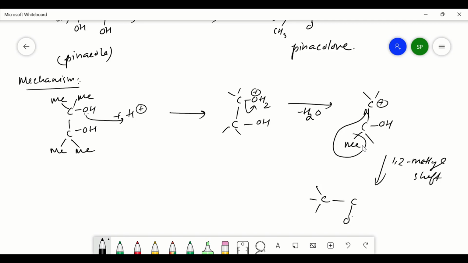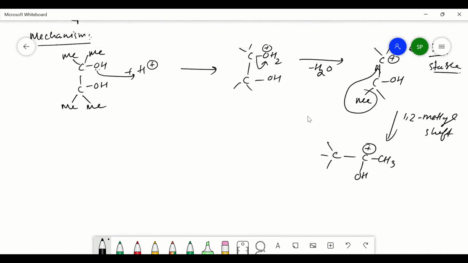This is OH, this is CH3, this is plus. Now the question arises. This is already a tertiary carbocation, which is comparatively stable, so why will there be a 1,2 methyl shift if a tertiary carbocation is already present? For that, there is an explanation.